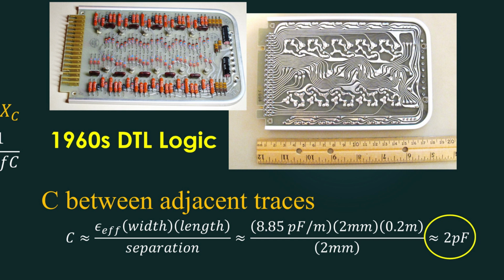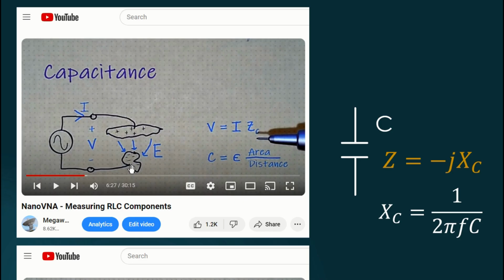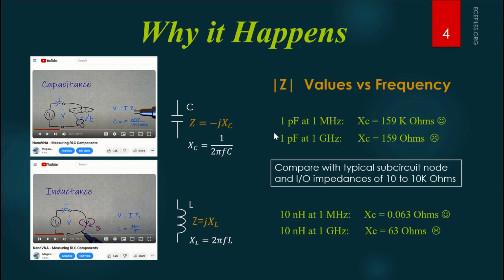It could be traces, it could be part of the casing, anything. What we do know is that capacitance conducts signals at high frequencies. In fact, the reactance or the impedance goes down as the frequency goes up according to this equation that you probably know. And here's some examples of impedances.